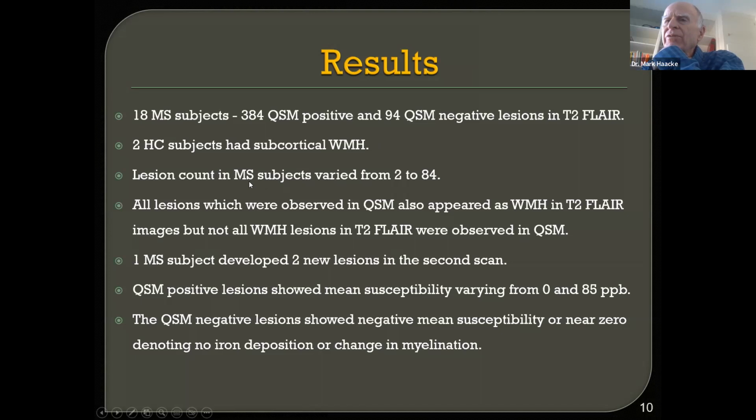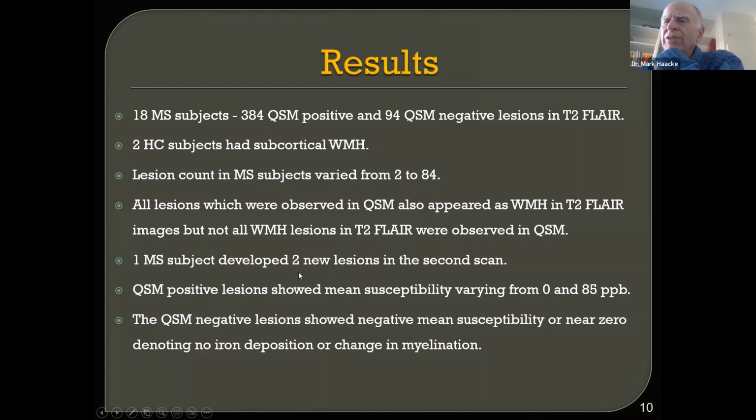The lesion count in the MS subjects varied quite dramatically from 2 in the lowest to 84 lesions in the highest. All lesions observed in QSM had a matching counterpart in the T2 FLAIR images, but not all the white matter hyperintensity images in T2 were observed in QSM, and those are the 94 QSM negative ones.